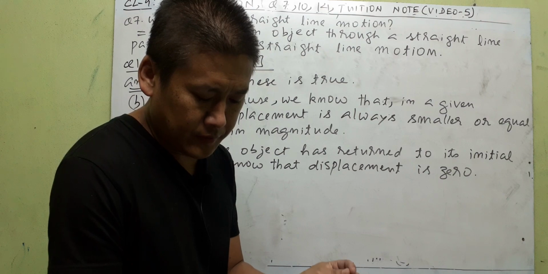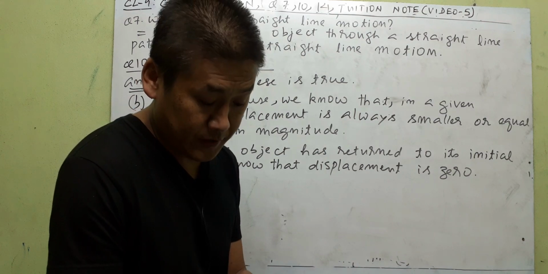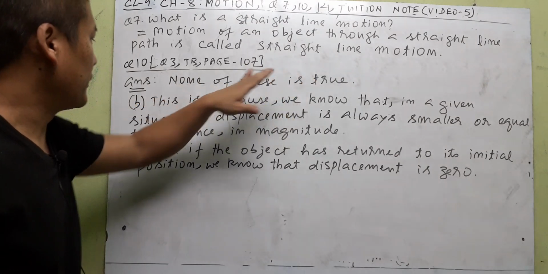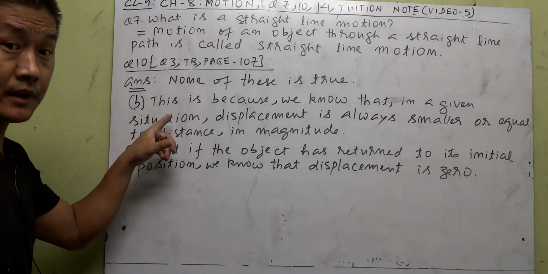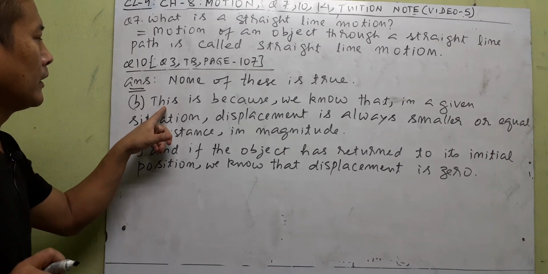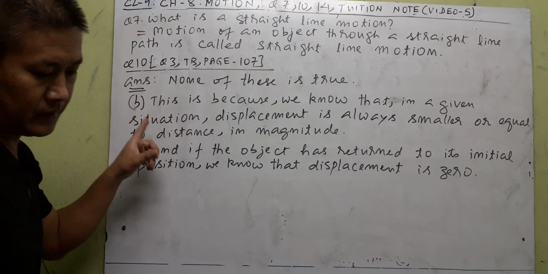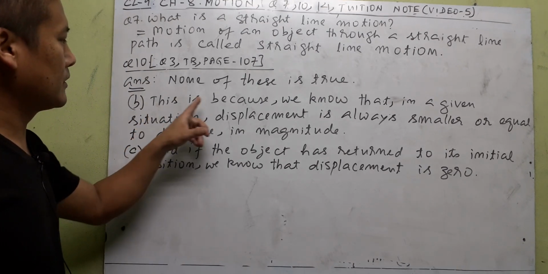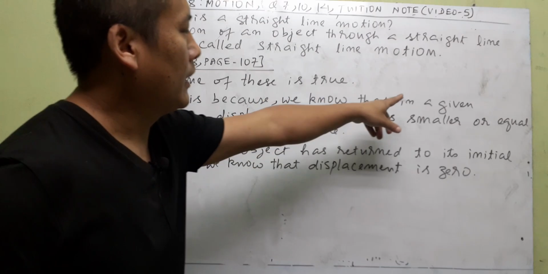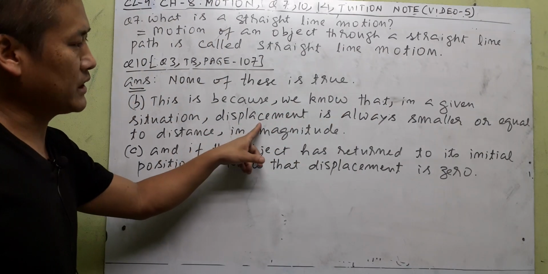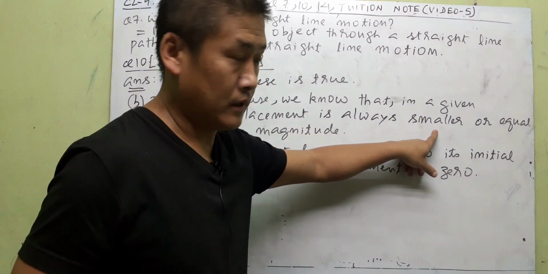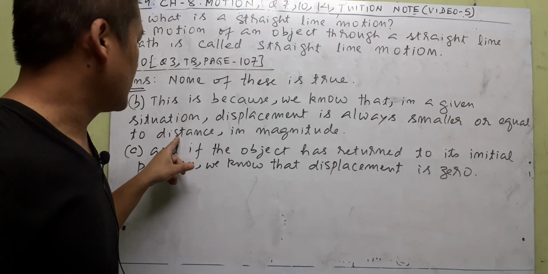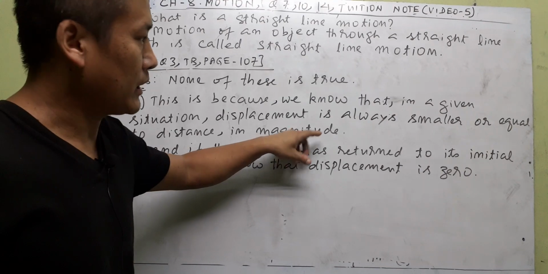B, its magnitude is greater than the distance traveled by the object. Okay, I think this is quite easy. None of this is true because we know from question number 5 in your previous classes, in your note, let us start with B. We know that this is not true because in a given situation, displacement is always smaller, or can be at the most equal to distance traveled in magnitude, but it cannot be greater.